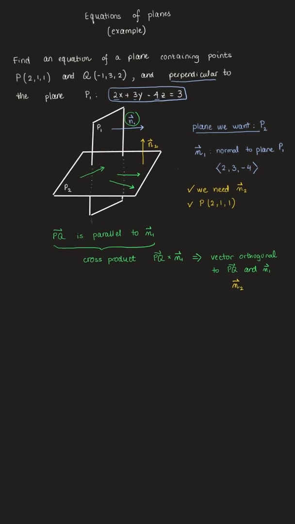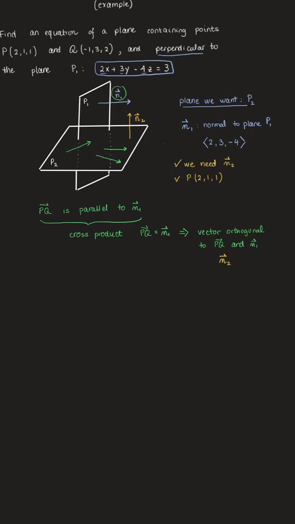All right, so let's go ahead and set up that cross product. We're going to do PQ cross n1. Oh, I should find PQ first. So our vector PQ, again, we're going to find it by subtracting corresponding components, will be negative 1 minus 2, which is negative 3, 3 minus 1, which is a 2, and 2 minus 1, which gives us a 1.